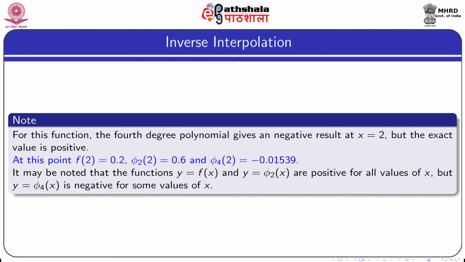It may be noted that the functions y equal to f(x) and y equal to phi 2(x) are positive for all values of x, and it is very natural, but the value of y equal to phi 4(x) is negative for some values of x.